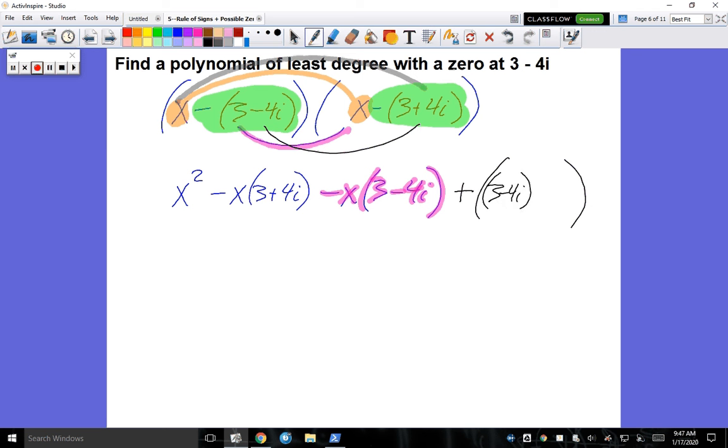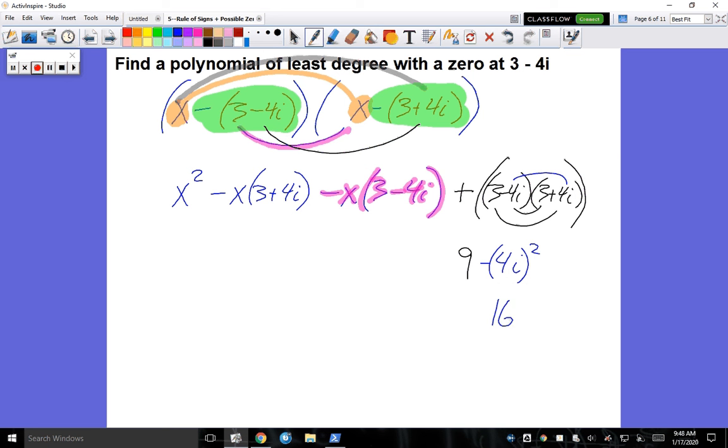So you could do this and this, or identify, ooh, when I FOIL this out, it's going to be 9, minus this squared. So it'd be 16, it'll be plus 16, because i squared is a negative.